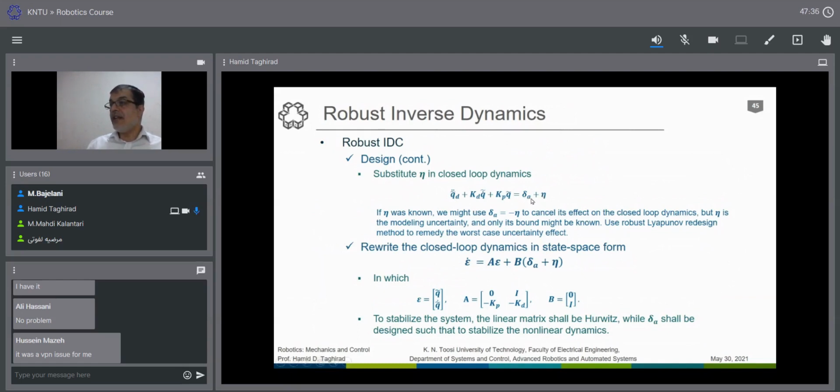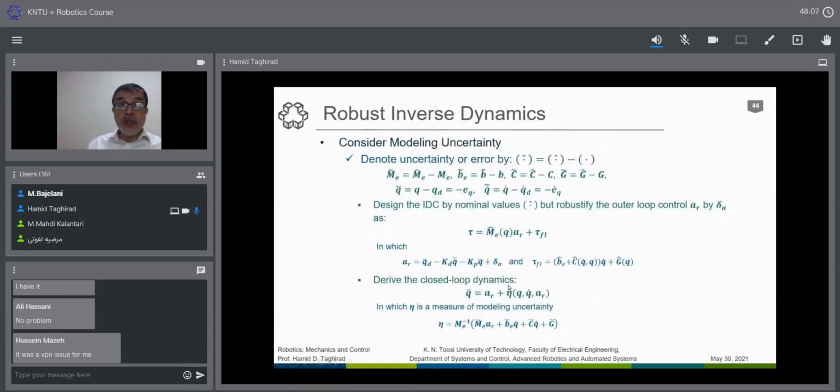If you look at this very naively, you say, okay, very good, we have a delta A to just compensate for eta. So if we know eta quite well, we use delta A equal to minus eta to get rid of that. Then we reach the same previous second order controller that we have in IDC. But this is never possible because we don't know eta. We can know the bound of it, but we don't know eta itself.